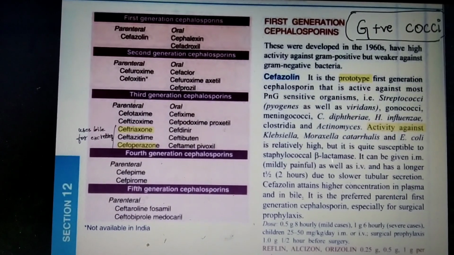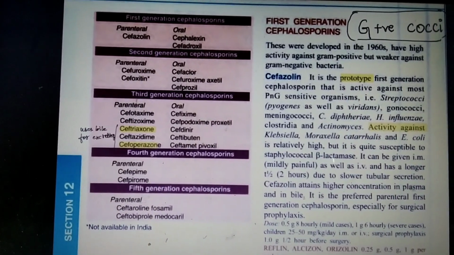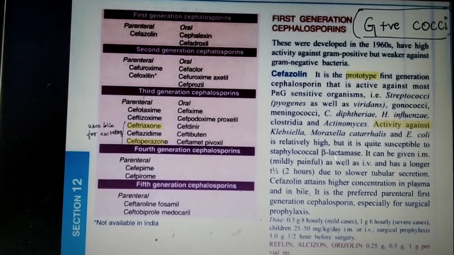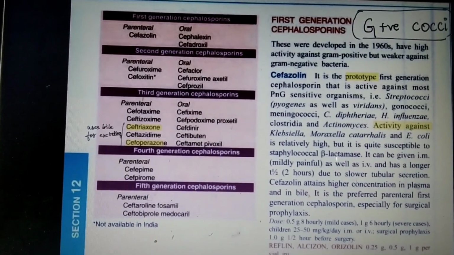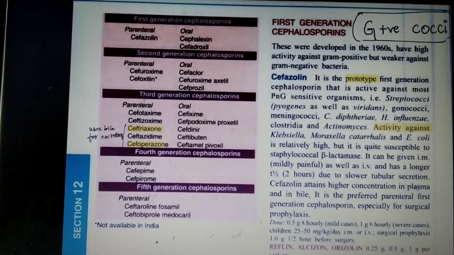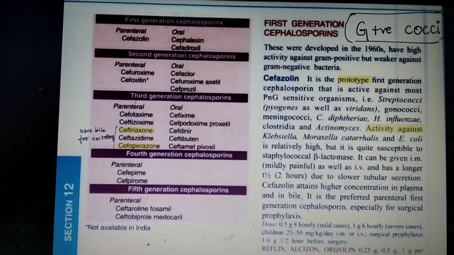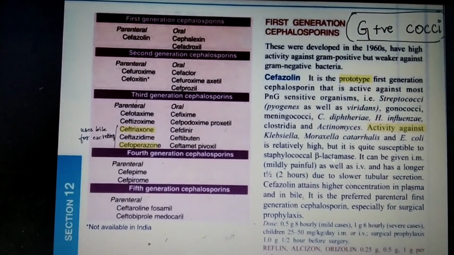Then in the 4th generation, parenteral preparations are available. These are cefepime, cefpirome. There are no oral preparations. In the 5th generation, parenteral are ceftaroline fosamil and ceftobiprole medocaril.